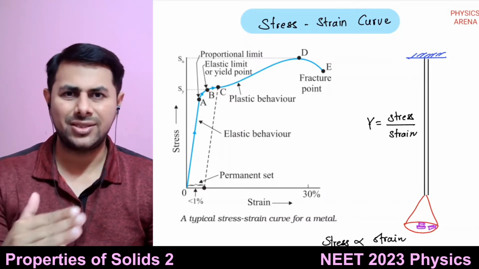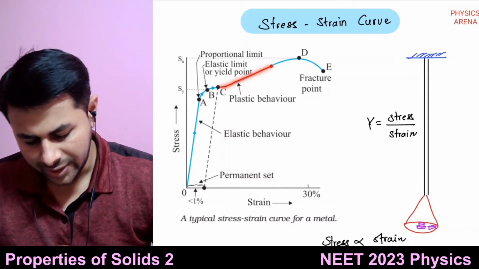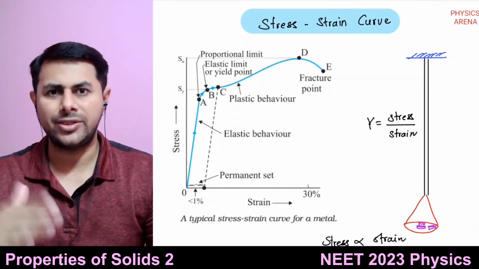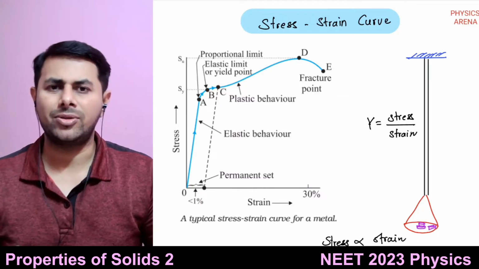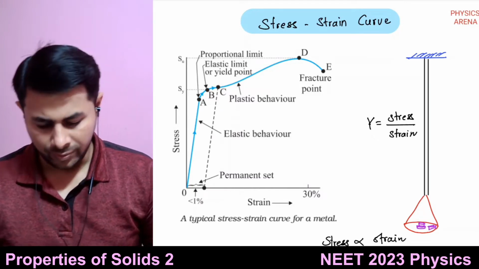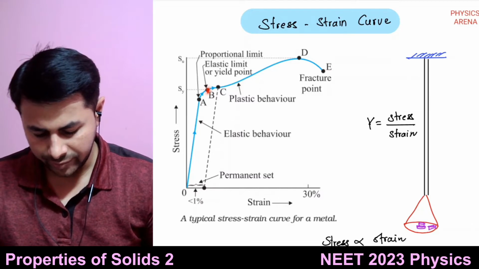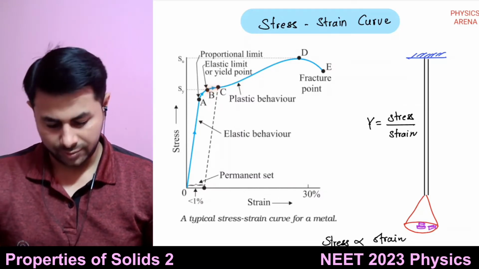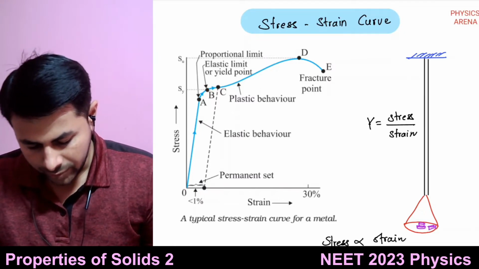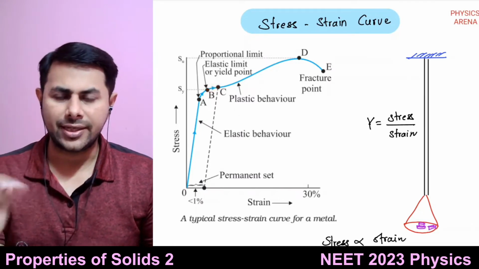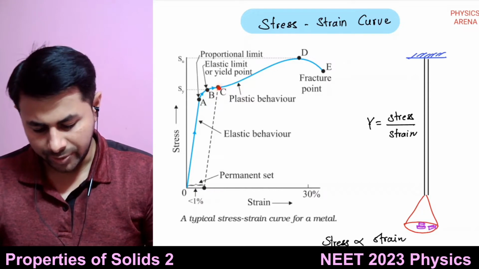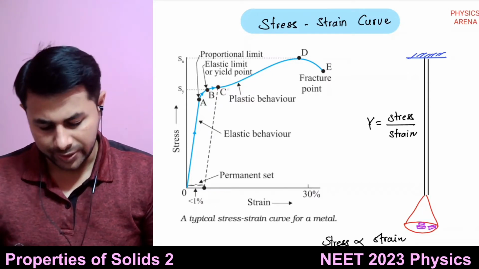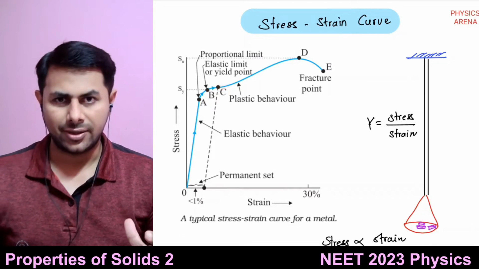You can see the slope is increasing, right? So that means more stress is required for the same amount of strain. If you consider, let's suppose, this much strain from B to C, very little stress is required, but after this point C, comparatively larger stress is required for the same amount of strain.